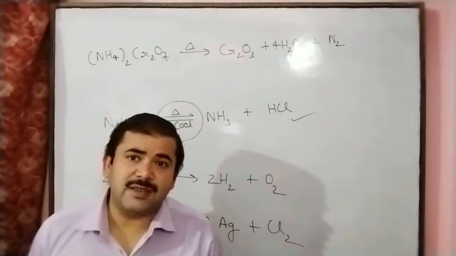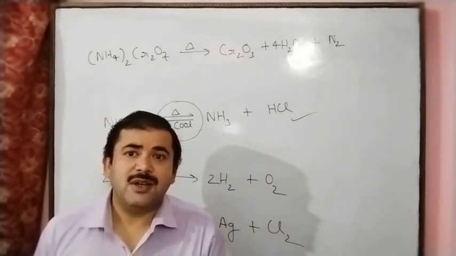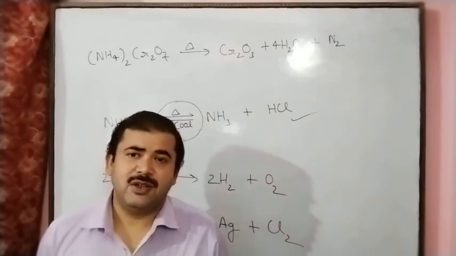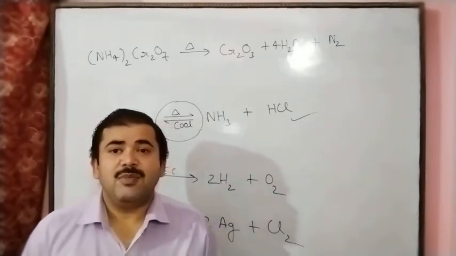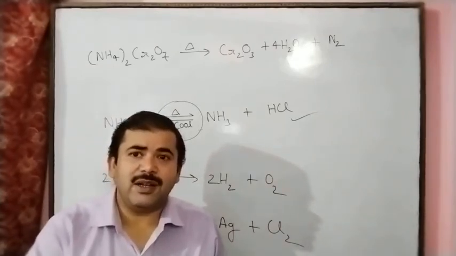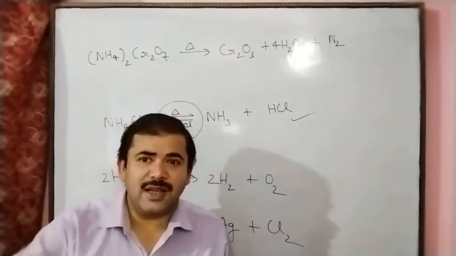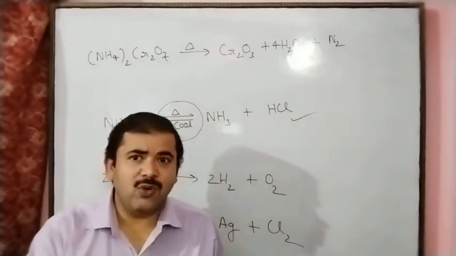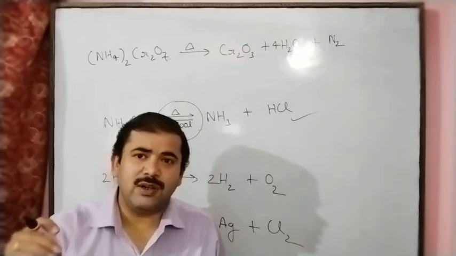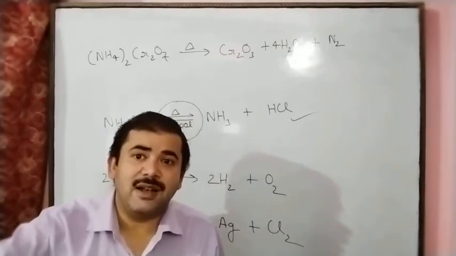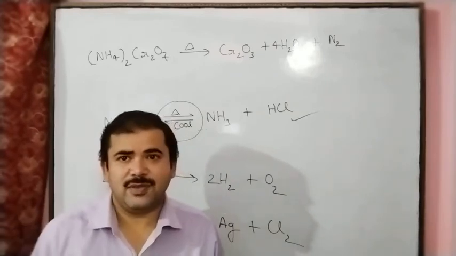In easy language, a superior element displaces the inferior element. What is the meaning here? A more active metal displaces a less active metal, and a more active non-metal displaces a less active non-metal.